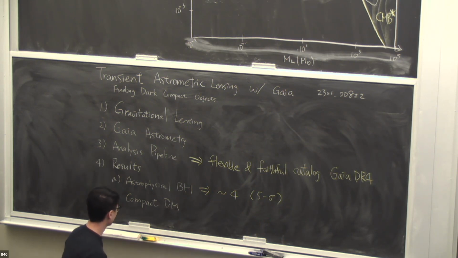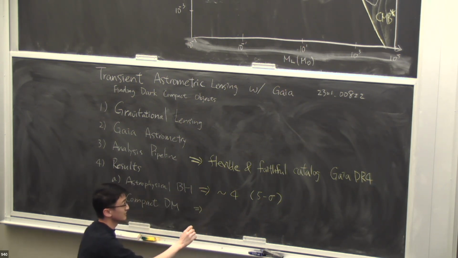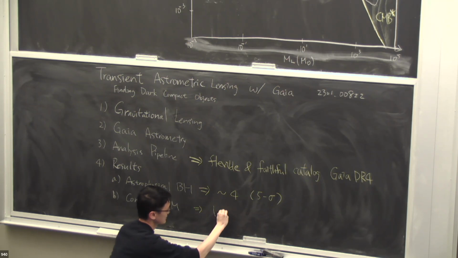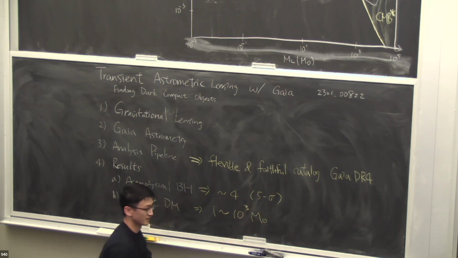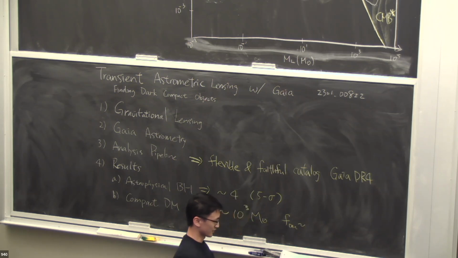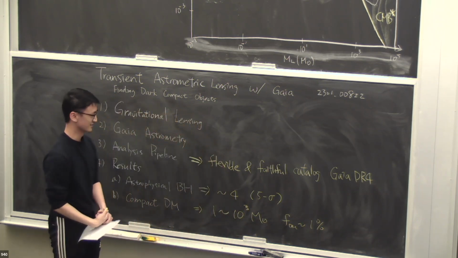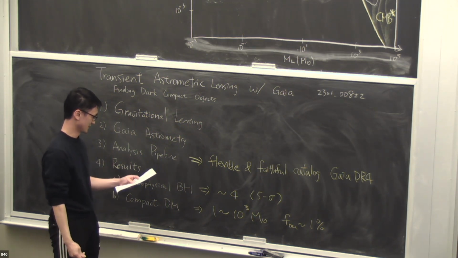And for compact dark matter, Gaia will provide leading constraints in the mass range of 1 to 1,000 solar masses, with the dark matter substructure fraction down to around 1%. So this is the summary of what I'm going to talk about.